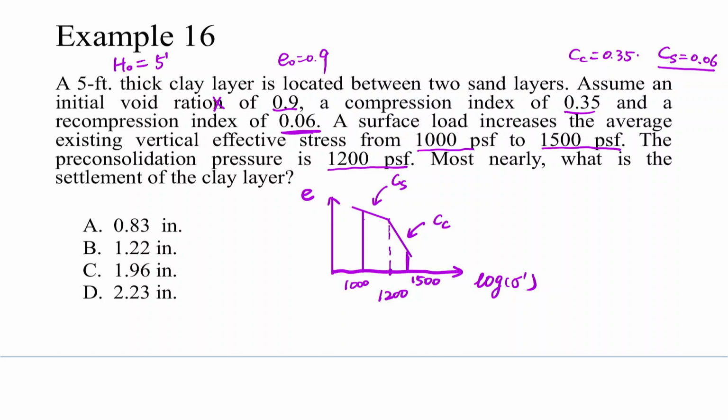So we have two sections of the lines that we need to think about, and then also come up with the delta e. If this is delta e1, if this is delta e2, as long as we figure out the delta e1 and delta e2, then that is the total void ratio change. We can use that total void ratio change to calculate the settlement, right?